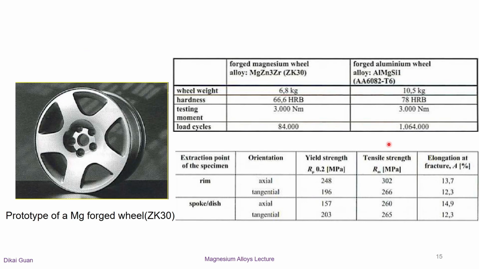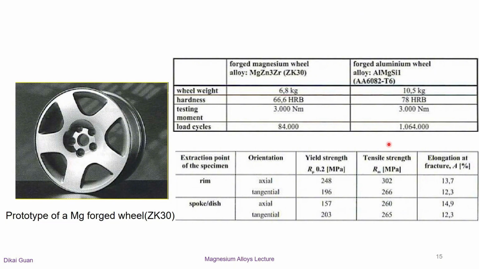The image shows a forged magnesium wheel made of ZK31 alloy. As you may already know, forged or cast aluminum alloys are the main source of current car wheels. Compared to forged aluminum wheels, magnesium wheels are much lighter, but the strength is lower and the number of load cycles is not competitive to forged aluminum wheels.